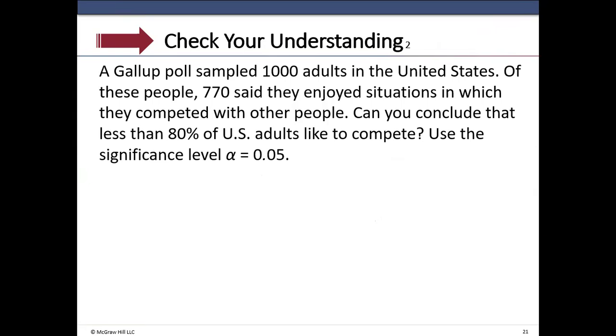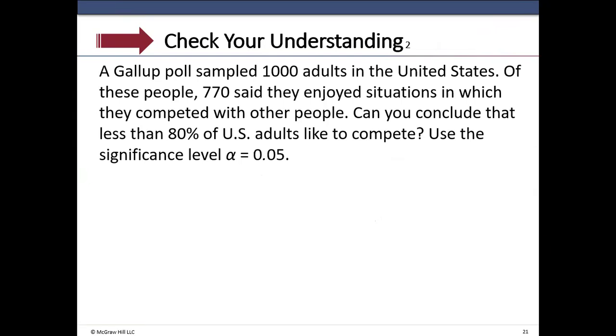Okay. The first thing we want to check is n times P0. Remember P0 is 0.8. So we will do 1000 times 0.8. It's 800, greater than or equal to 10. Then we will do 1000 left parenthesis 1 minus 0.8 right parenthesis and hit enter: 200.